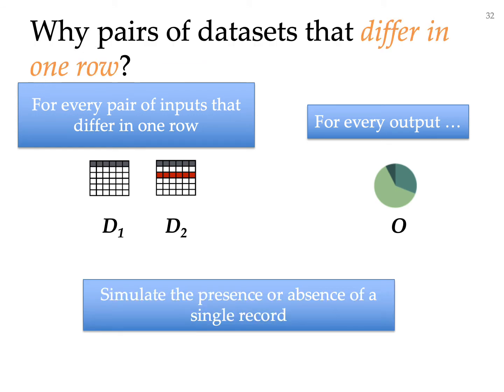So why do we consider pairs of databases that differ in one row? Because this simulates the presence or absence of a single individual or record, which means that it can capture the membership of the record. Usually we call such a pair of databases that differ by only one record neighboring databases.